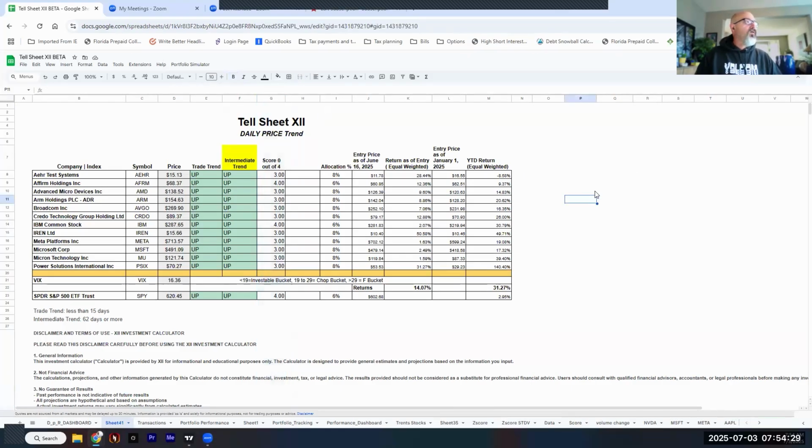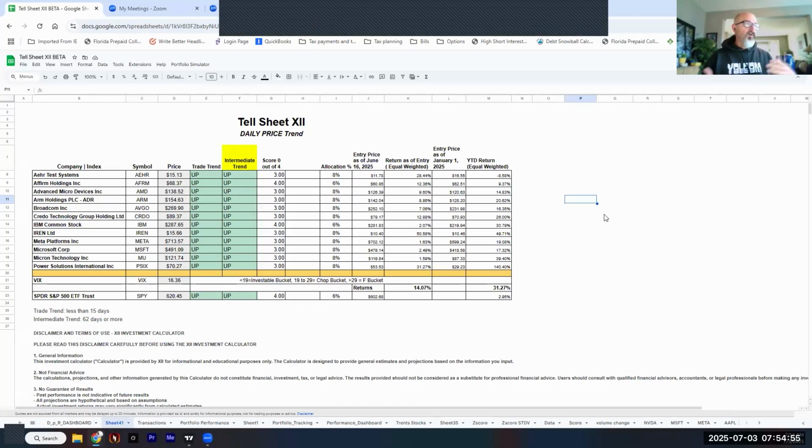It's based on a 0 through 4 scoring system. Two of the elements are based on the trade and intermediate trend lines. We're basically looking at, is the stock price above the trade trend line or is it below? And the same with the intermediate trend line. So those are two of the four elements.